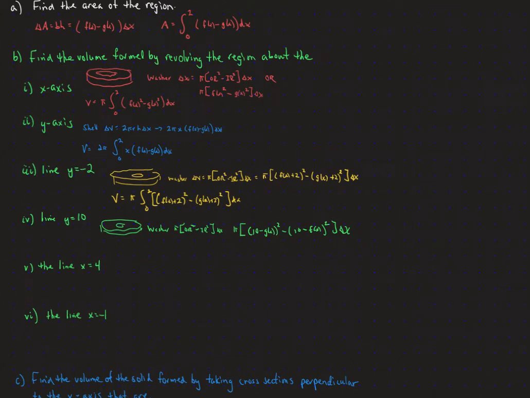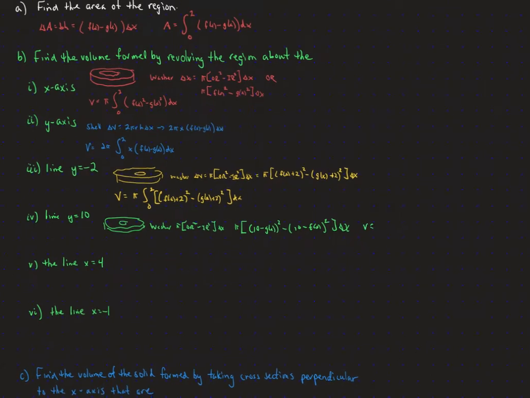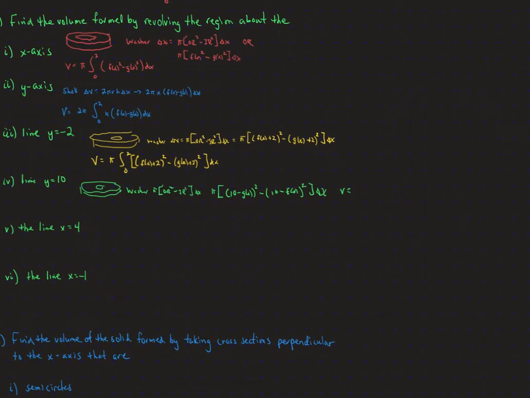So our volume is going to be pi integral from 0 to 2 of the 10 minus g of x squared minus the 10 minus f of x squared dx.